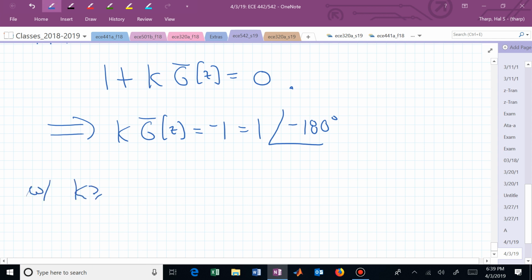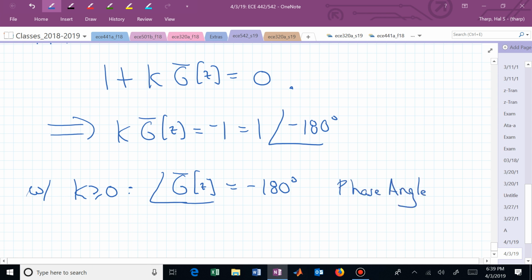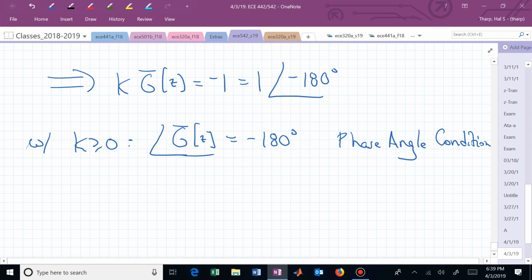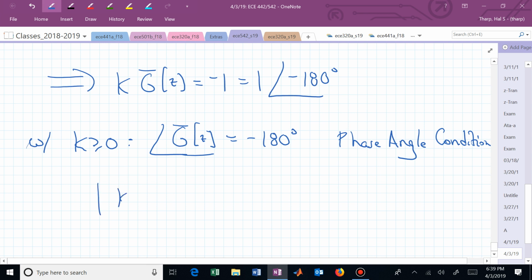So if we keep k greater than or equal to 0, we know that the phase of g bar of z for any of these points on the root locus has to be minus 180, so that's the phase angle condition. And the other one is our magnitude condition, which is that the magnitude of k g bar of z needs to equal 1.